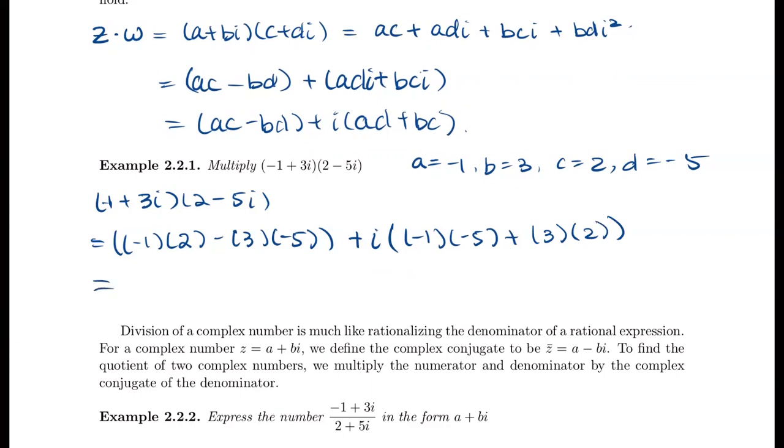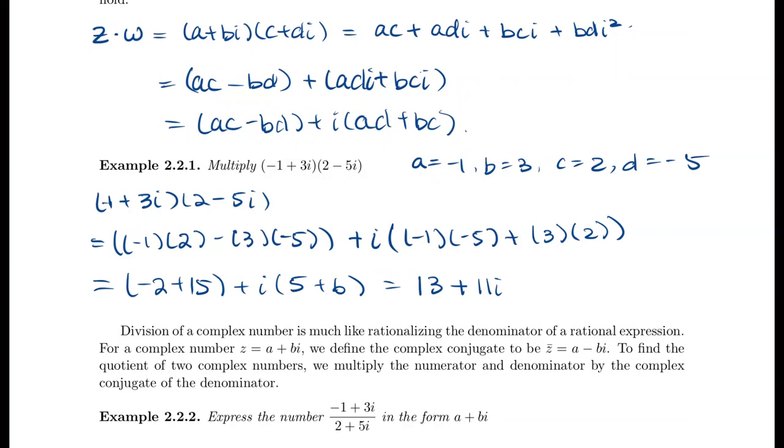So what that means, we have negative 2 plus 15, and plus i times 5 plus 6, which is equal to 13 plus 11i, which is the complex number after you multiply these together. It's always convenient to have the complex numbers in the form of a plus bi. It just makes things a lot easier.